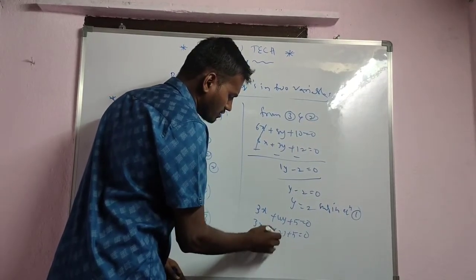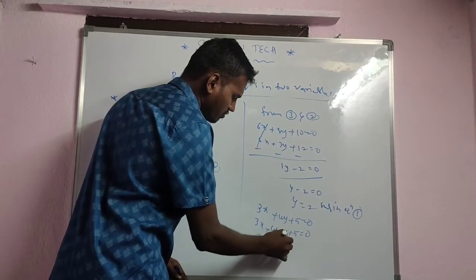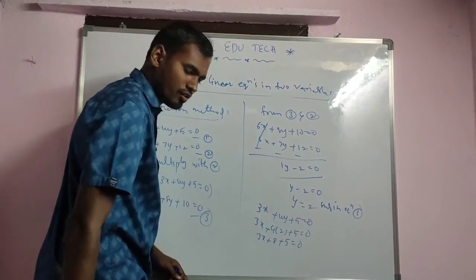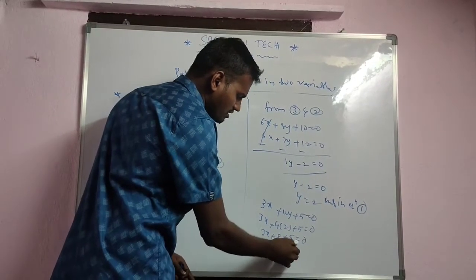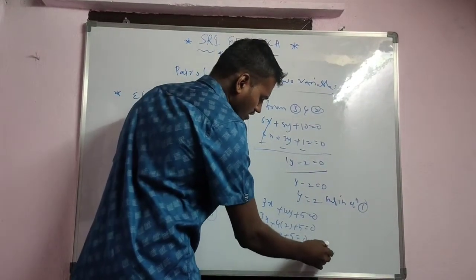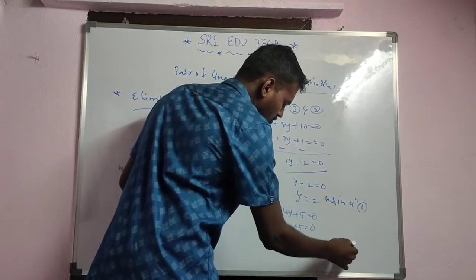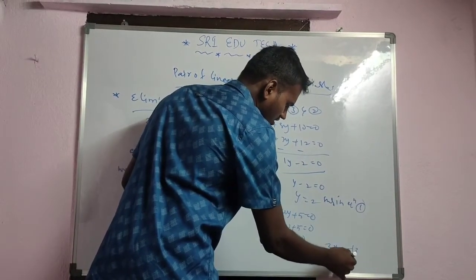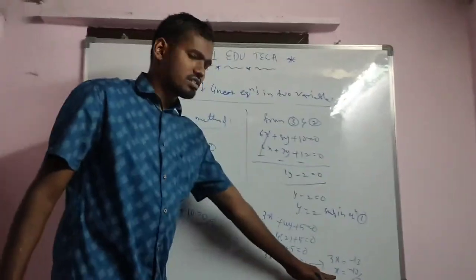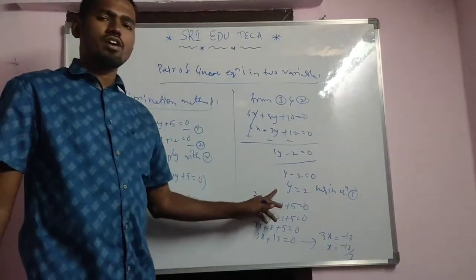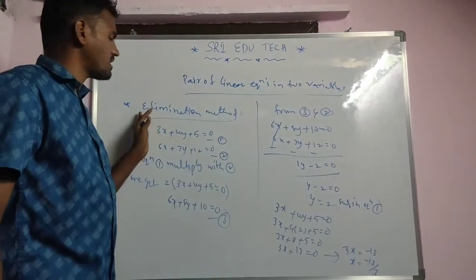Then 3x plus 4 2s are 8 plus 5 is equal to 0. Then 3x plus 8 plus 5, how much? 13 is equal to 0. Then the next step, 3x is equal to minus 13. Then x is equal to minus 13 by 3. So this is the x value, this is the y value.